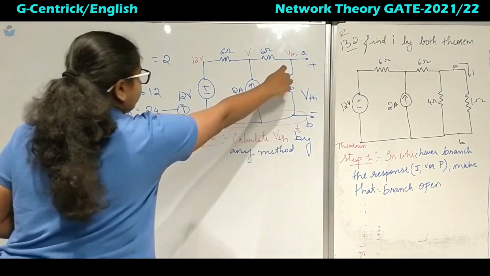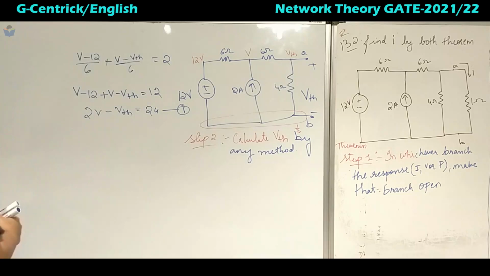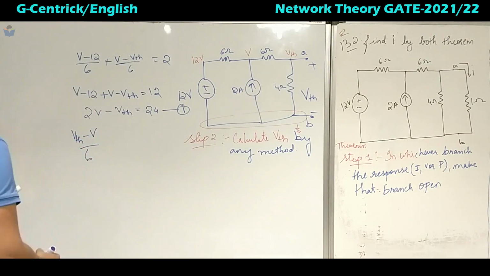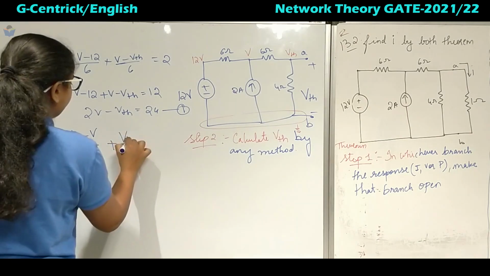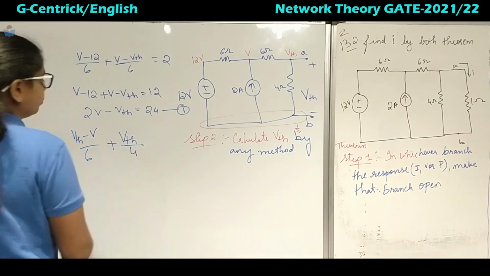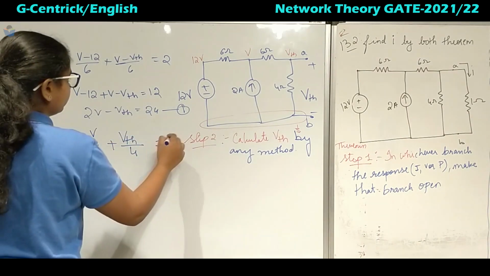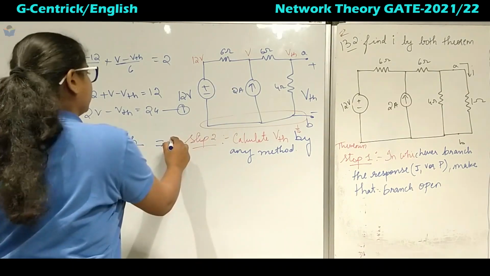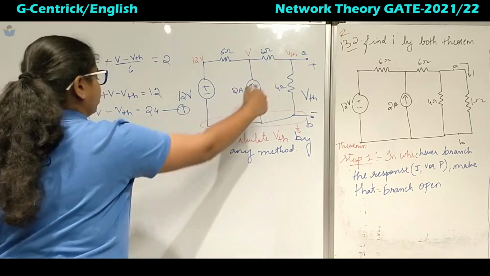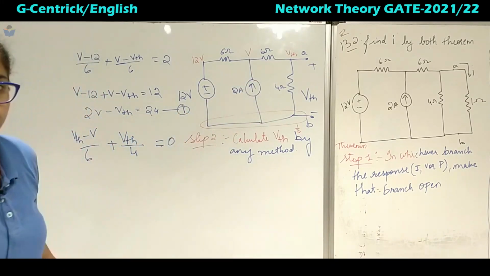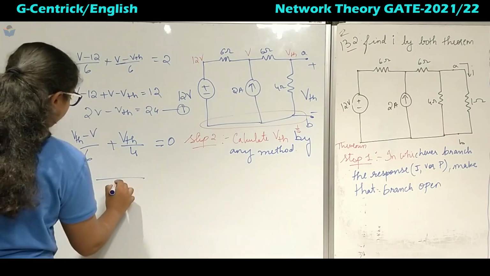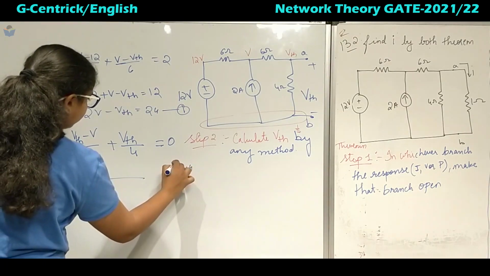Next, we will write the equation at the VTH node. VTH minus V divided by 6, plus VTH divided by 4, equal to the incoming current. There is no incoming current at this node, so it will be 0. The LCM of 6 and 4 is 12.